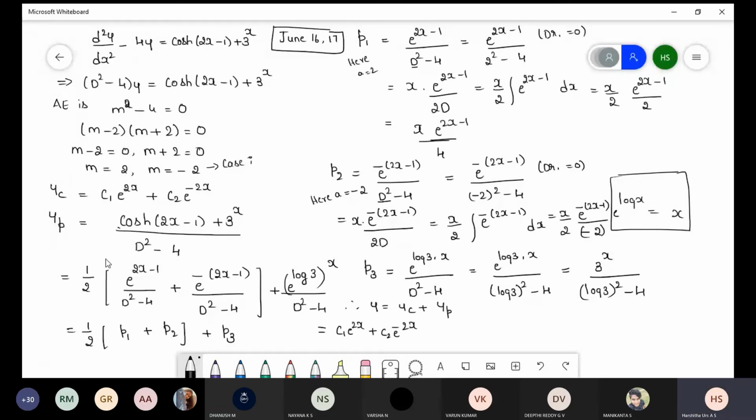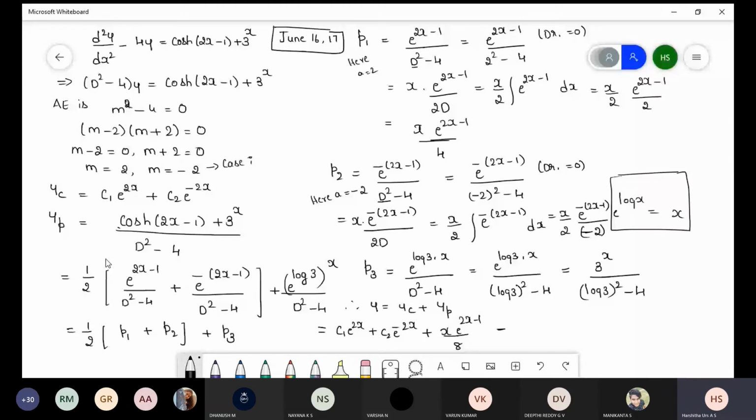So 1 by 2 into p1 means x into e power 2x minus 1 divided by 4 into 2 is 8. Next, again here also minus is there. I put minus because here we got minus in the denominator.